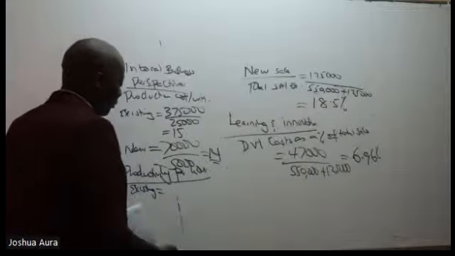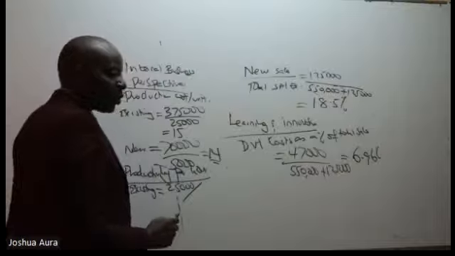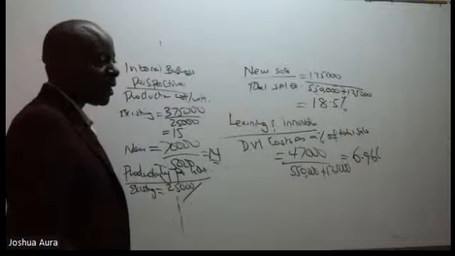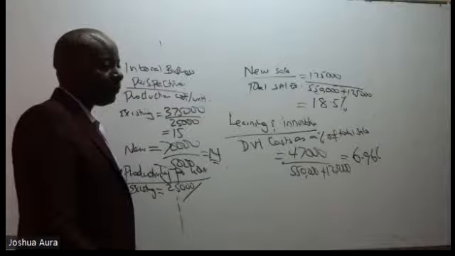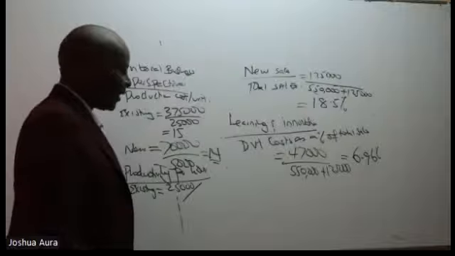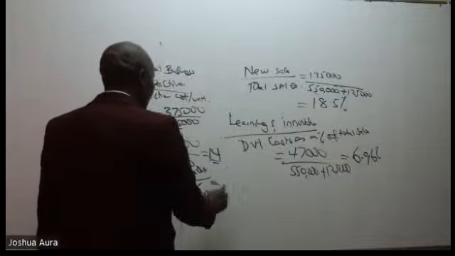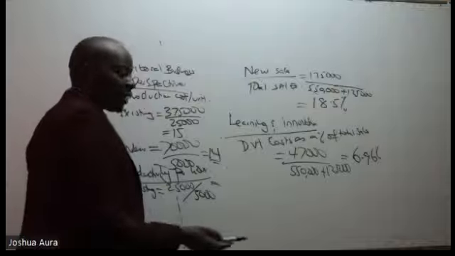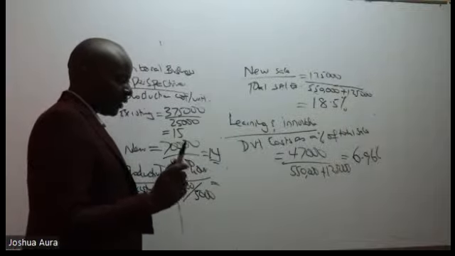We produced 25,000 units, which took us 5,000 hours. So 25,000 divided by 5,000. Many have answered that, many have followed.